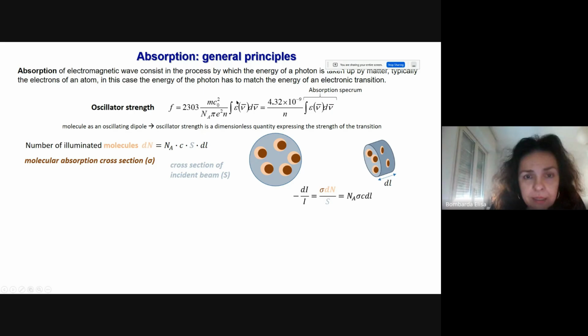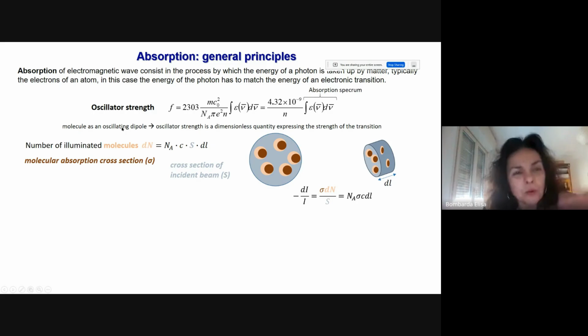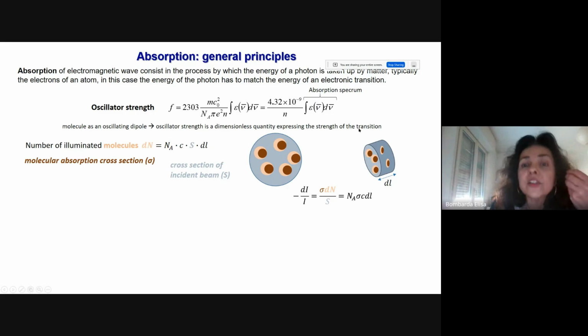We can define the oscillator strength, which is related to the fact that the molecule has to be seen as an oscillating dipole, at least in this model. The oscillator strength is a dimensionless quantity expressing the strength of the transition.